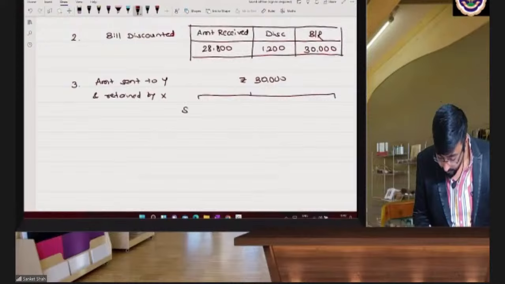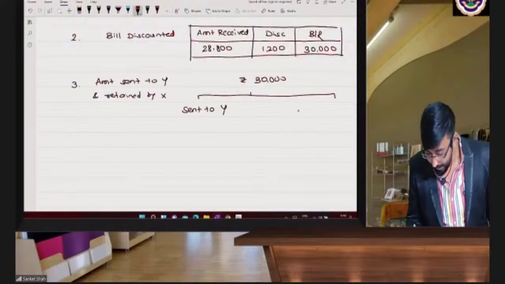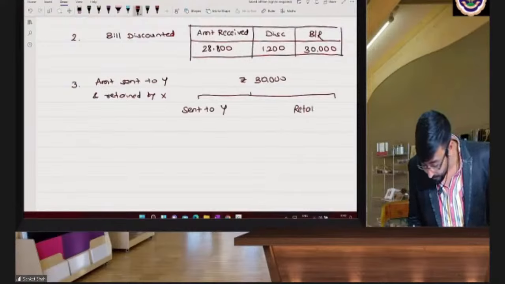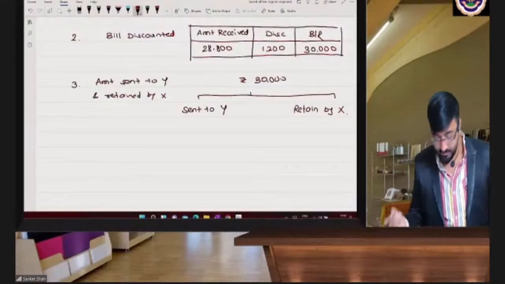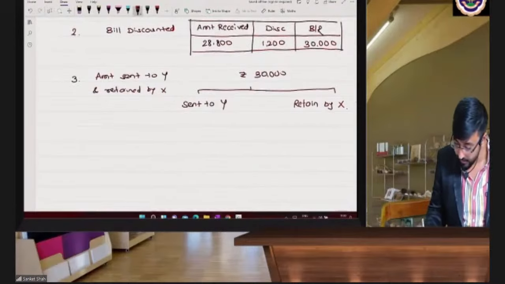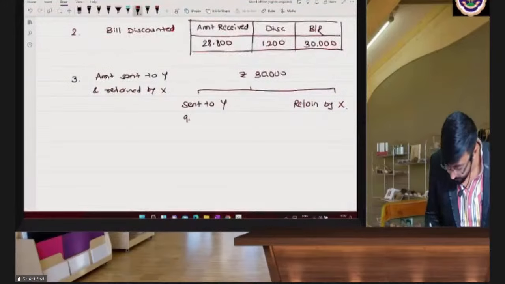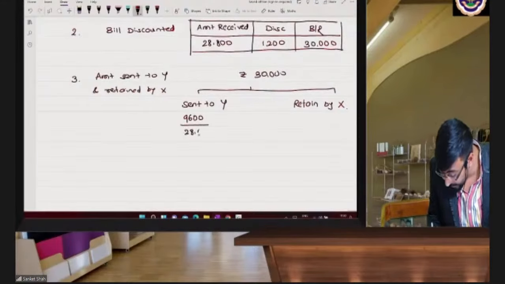Now, sent to Y and retained by X. Sent to Y, how much, beta? 9,600. 9,600 out of 28,800.